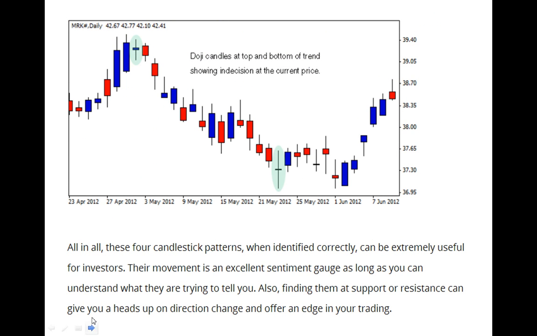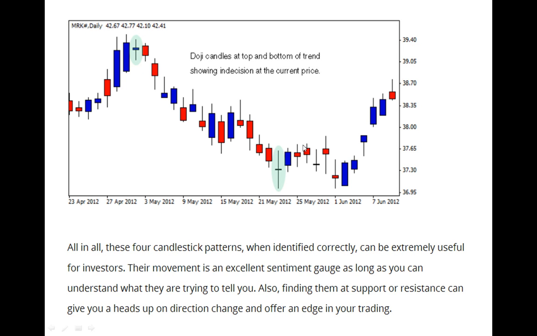Now again, another example, doji candles at the top here and at the bottom here of the trend. Whenever they are formed, they show indecision at the current price. So we place our sell stop below when it is formed during an uptrend, and a buy stop above its high when it is formed during a downtrend.